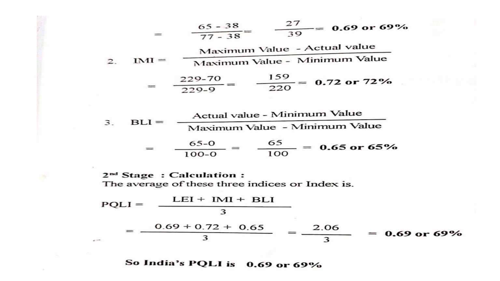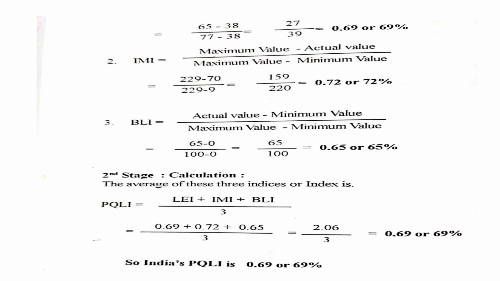Once the value of PQLI is obtained, it has to be interpreted and properly justified. According to Morris, if the value is above 0.8, it will be considered a high PQLI value, and there will be very good development in the economy.